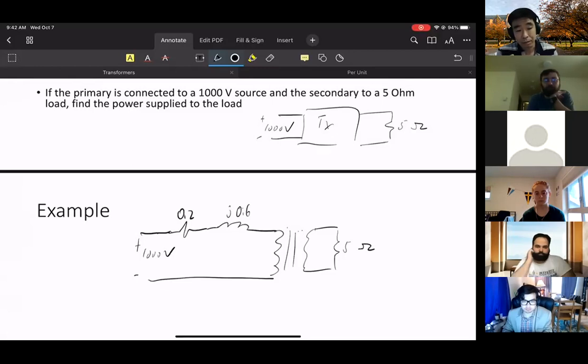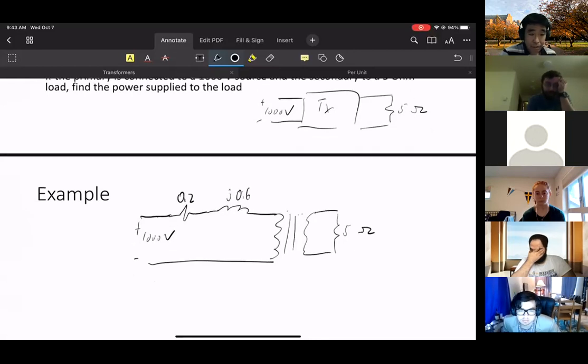After doing this reflection, we have a simple circuit to solve, so we don't have to worry about this transformer anymore.